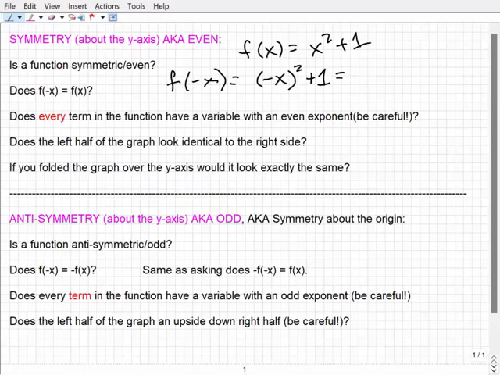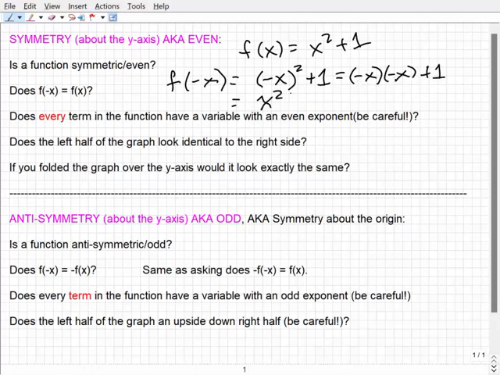Now, what does it mean to be squared? It means you're multiplying it times itself. You see that? You have two minus signs. A minus times a minus is a plus. So the minus signs went away.